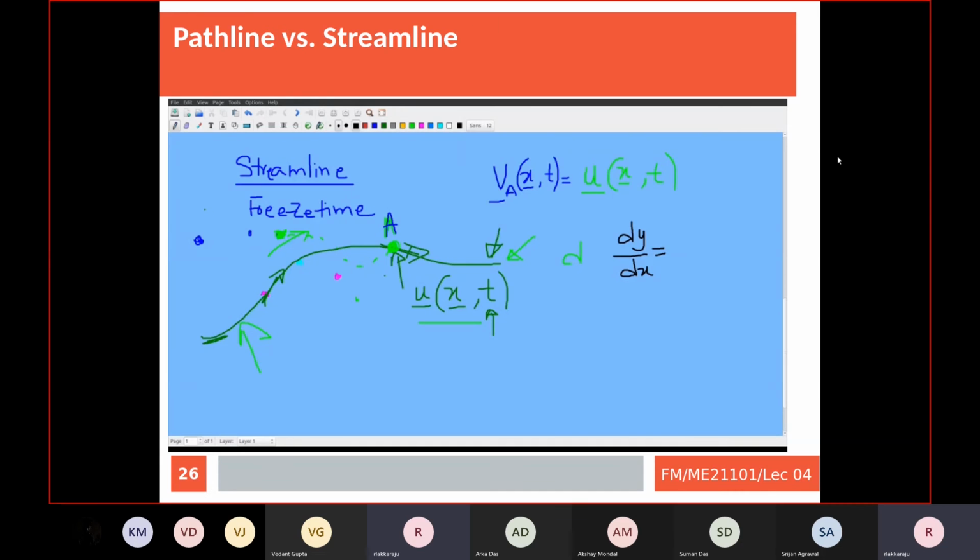So the tangential direction means the local velocity has both u component and v component, and the tangent is v by u.